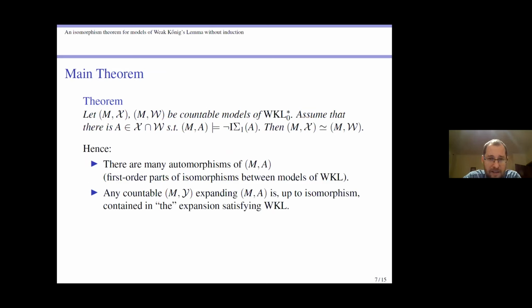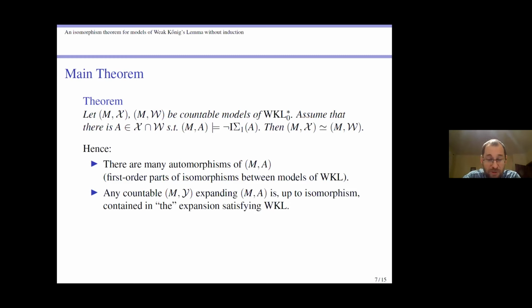And both of these not only share the same first order universe, but they share a common counterexample to sigma 1 induction. So there's some set A in both the second order universes that violates sigma 1 induction. Then the models are actually isomorphic.